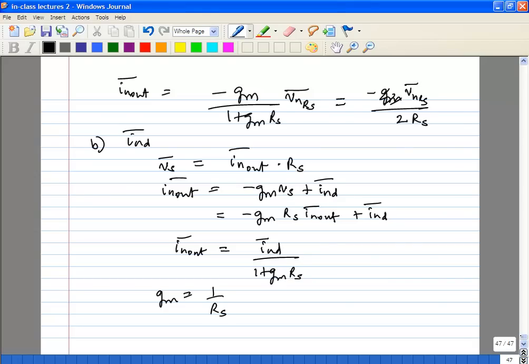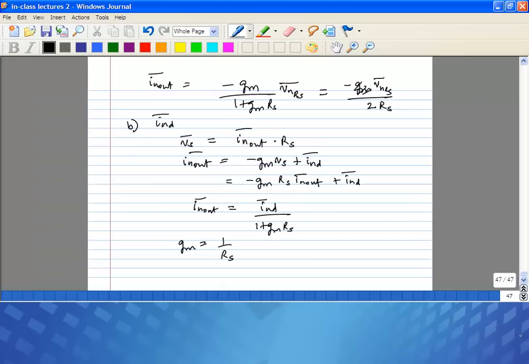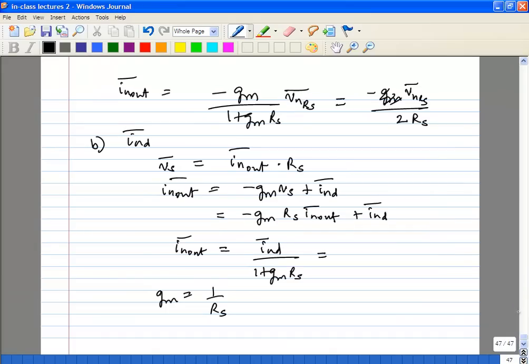And similarly, I can rewrite this as In,D over 2. Okay? So what is your total noise? It's just this squared, In,out squared is this squared plus this squared.